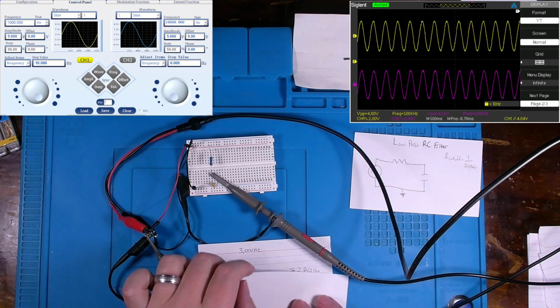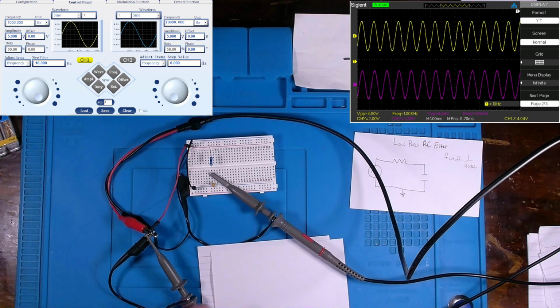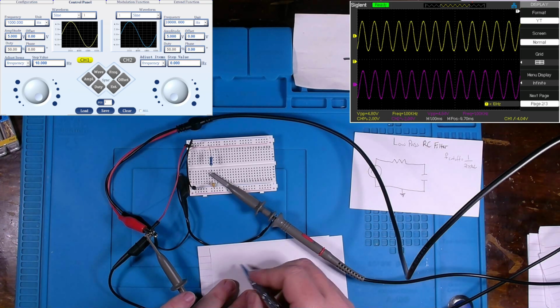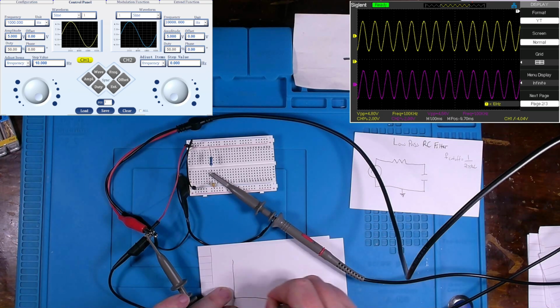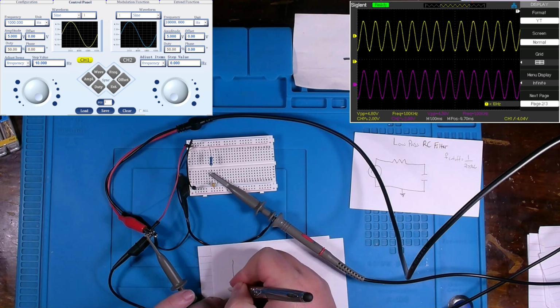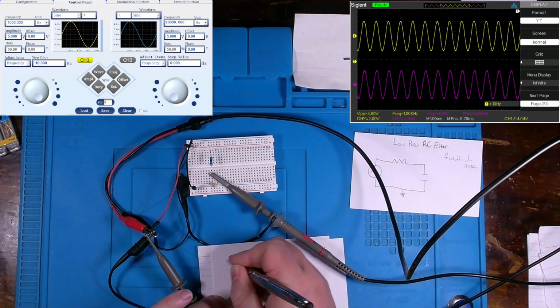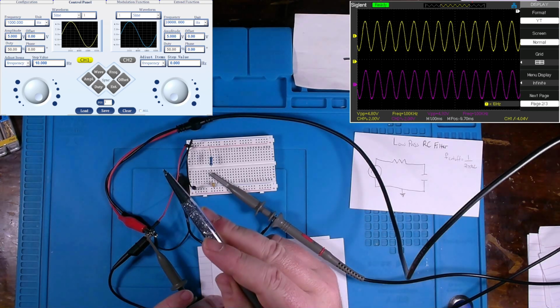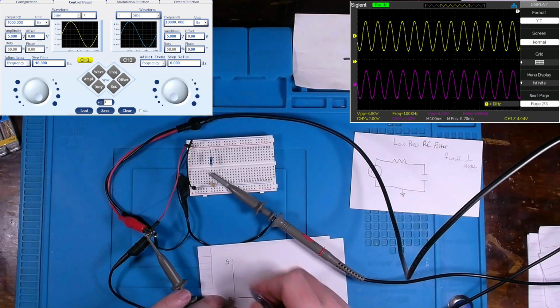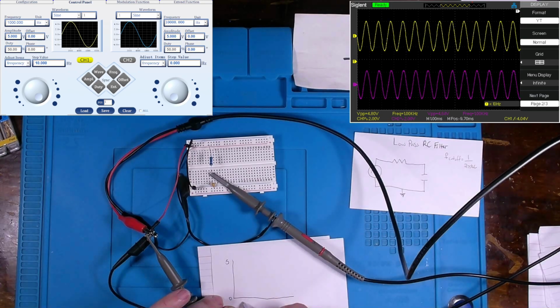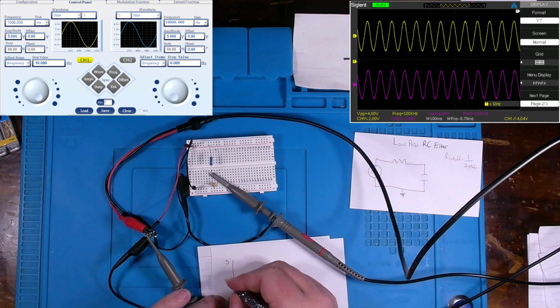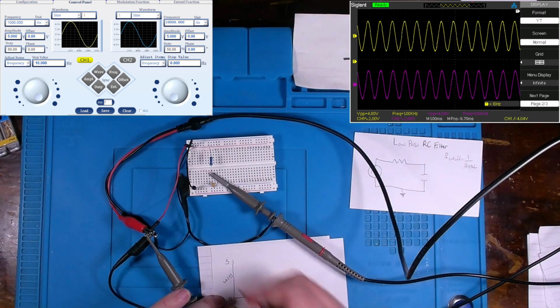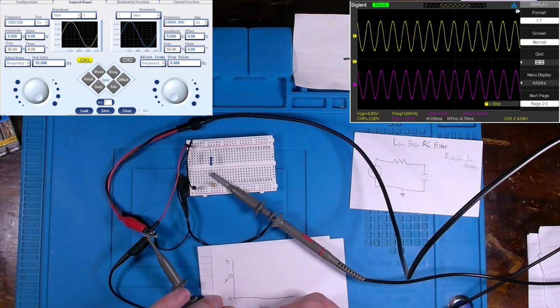You would think that with a low pass filter, let's say we had a graph here, vertical is going to be voltage, 0 volts to 5 volts, horizontal is going to be our frequency.